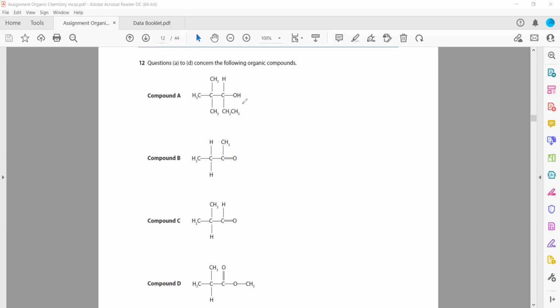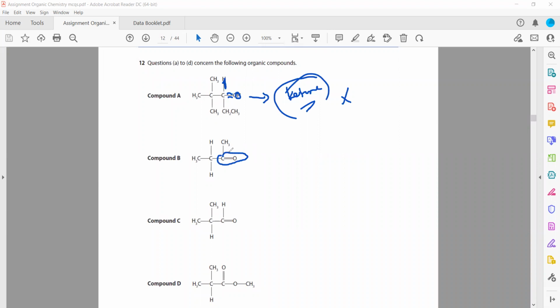So when we check this, even though it is alcohol, when oxidation occurs, this alcohol, because it's a secondary alcohol, will turn into a ketone. And that ketone won't give a positive result, so it cannot be an answer.